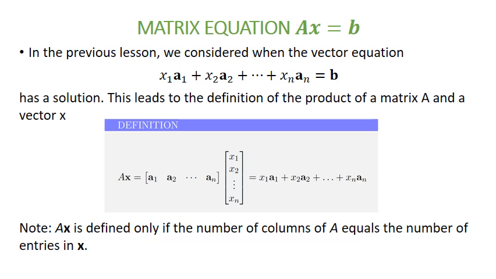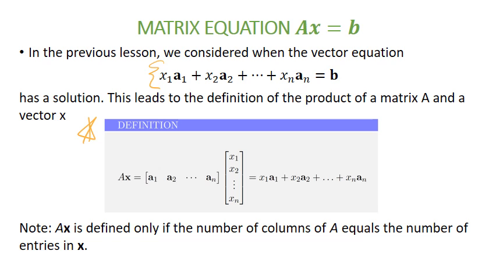In section 1.3, we talked about linear combinations in the vector equation like this. And we also saw that this equation would lead to a definition, which is this.